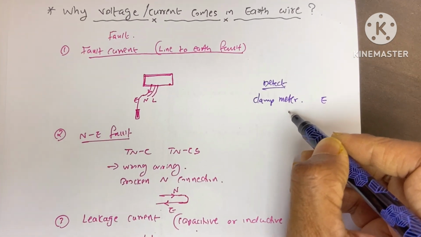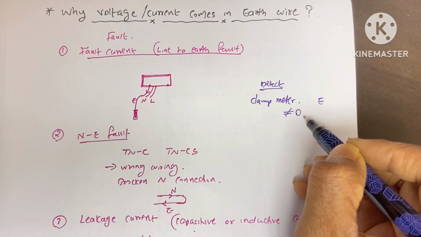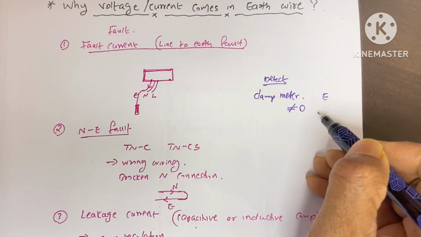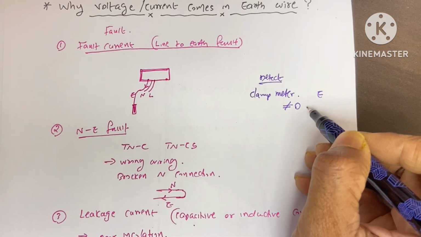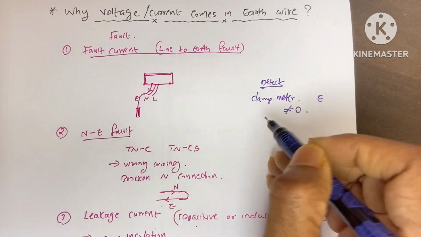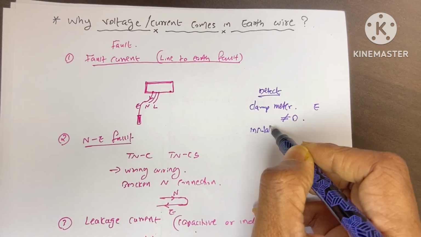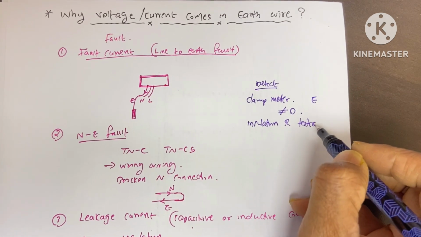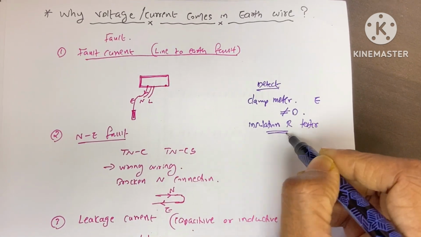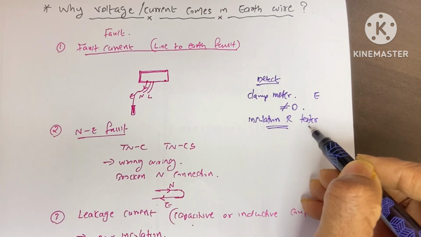If you see any value more than 0, then you can say that there is some leakage current. Then you need to investigate what the problem is in your system. And also you can use an insulation resistance tester to find the leakage current. So these are the two methods to detect the problem.